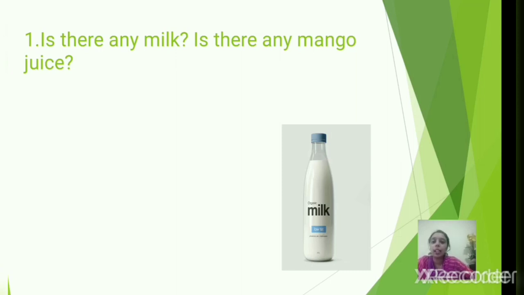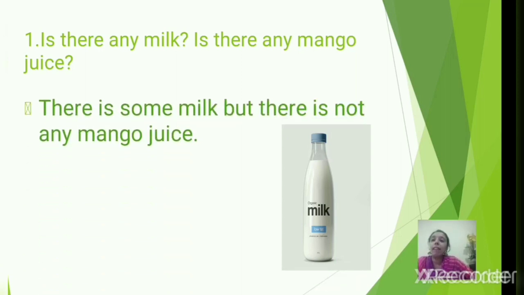So we can say there is some milk, but there is not any mango juice, because here is a bottle of milk.